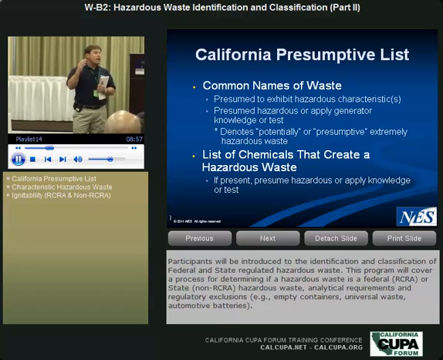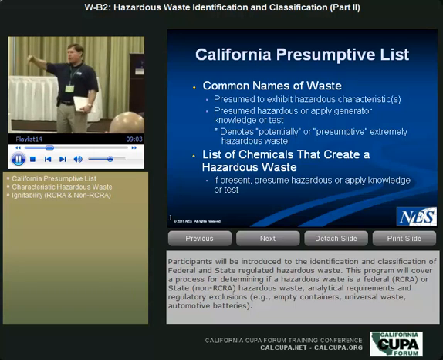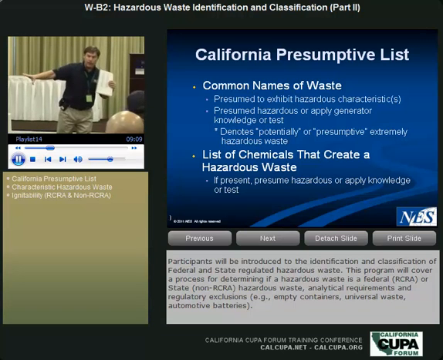If I have a waste that I produce that's a solid waste federally, or I relinquish it, California, I get rid of it, and it's on the list, but it doesn't exhibit any characteristic, then it's not a hazardous waste.